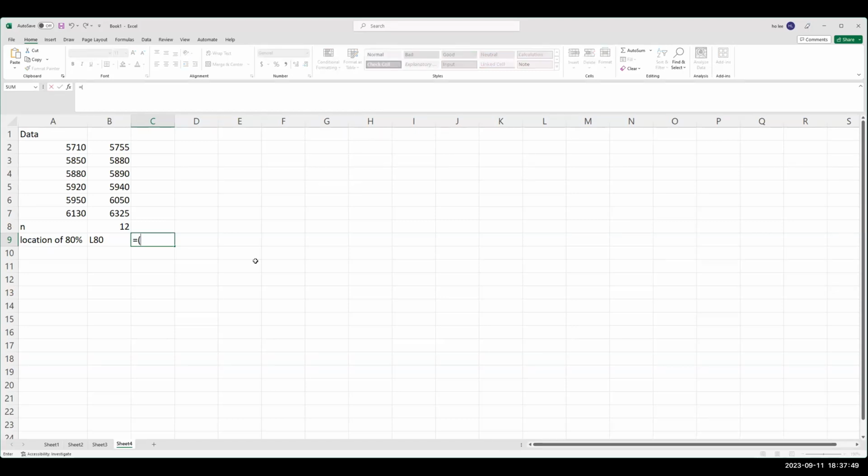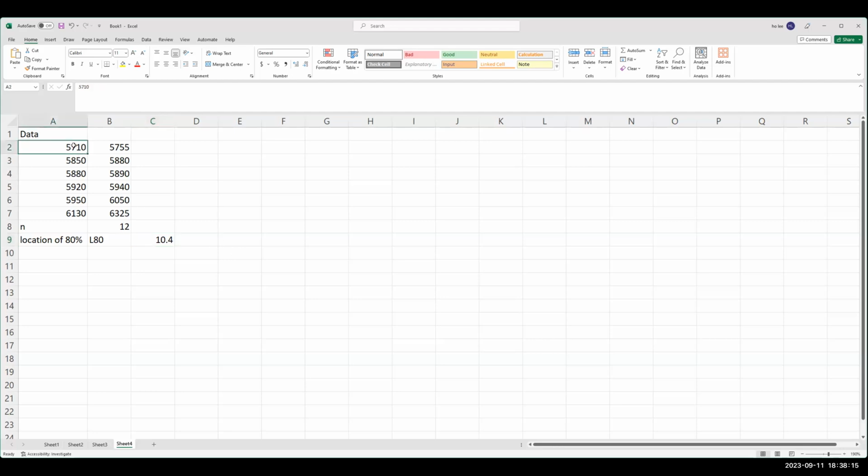To figure this out, it's 80 divided by 100, times N, which is 12, plus 1, close parenthesis. And they say the location of the 80th percentile is 10.4.